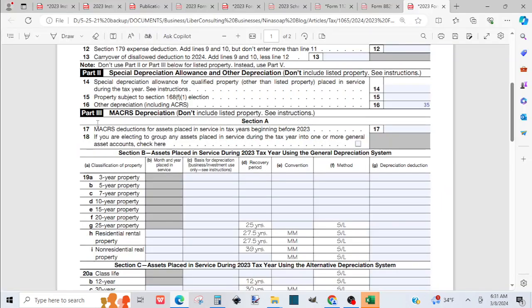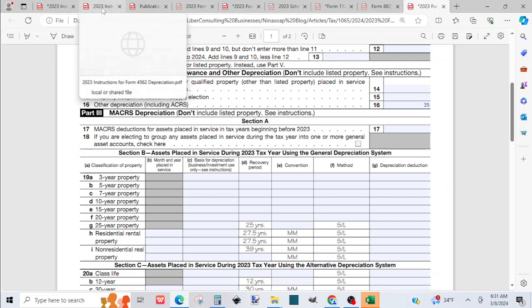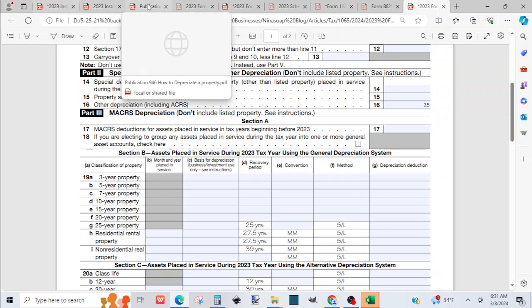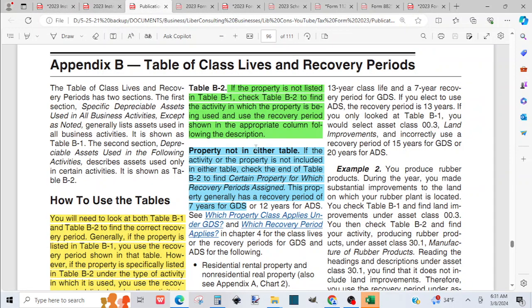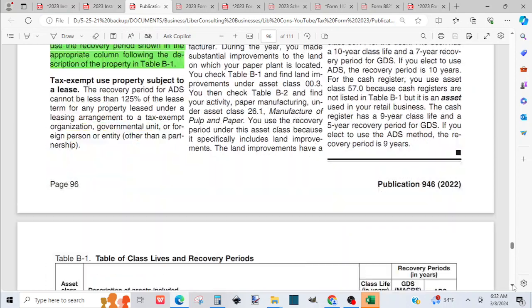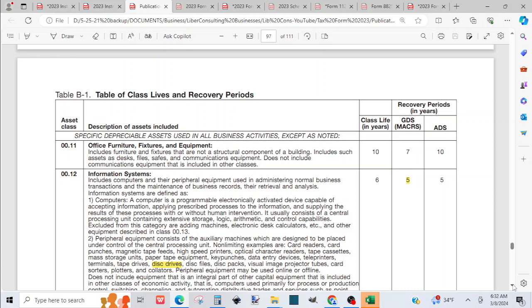If we go back to Publication 946, we'll check table B1.